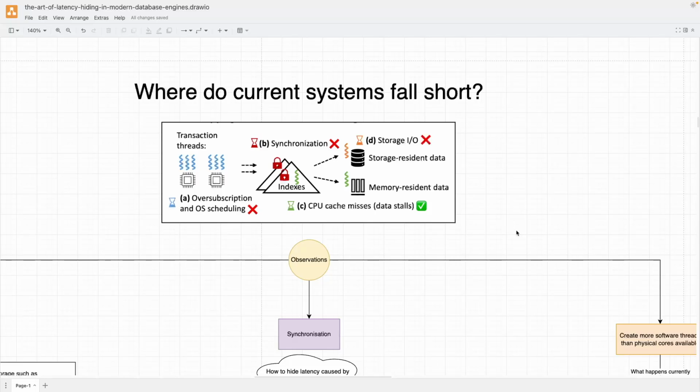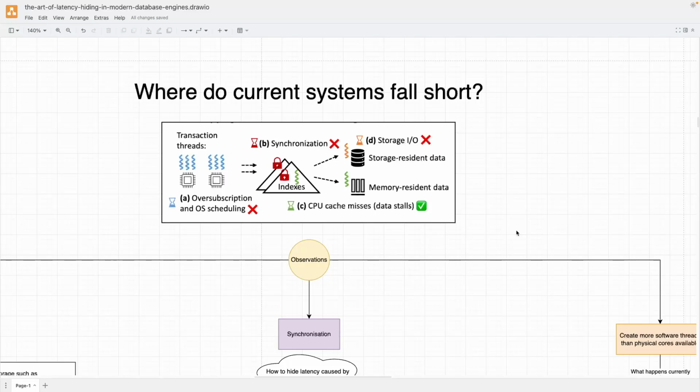And the worst part is that the OS scheduler runs in the kernel space, right? We know that there is a user space where your programs run, and there's a kernel space where the operating system is. The OS runs in the kernel space. So your program has to switch to the kernel space, run the OS scheduler, pick a thread, come back to the user space and run again. So that is very, very, very latency heavy. But today's database engines don't solve this problem. They just take the latency as it is, which is not good.